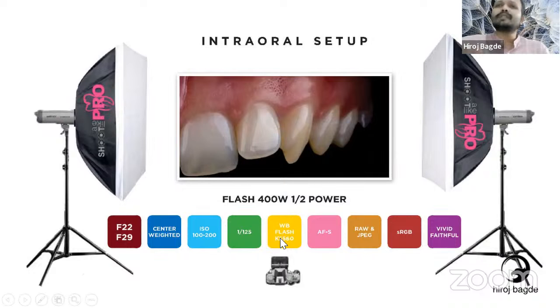Why this is important, we'll discuss on the fourth day, because it has lots and lots of importance when we take intraoral photographs and share these photographs with the lab person, because we need to have the white balance, called WB, perfectly set, so that the shade doesn't change when we give it to the lab person. When he gets the shade properly, then only he can give us a good prosthesis back, whether it be implants, veneers or aesthetic crown work, or any kind of prosthesis for that matter.